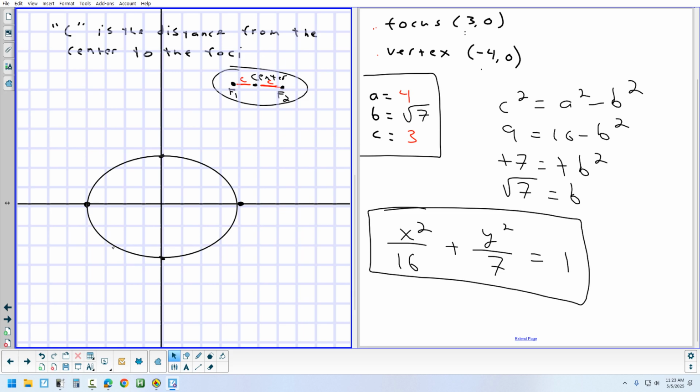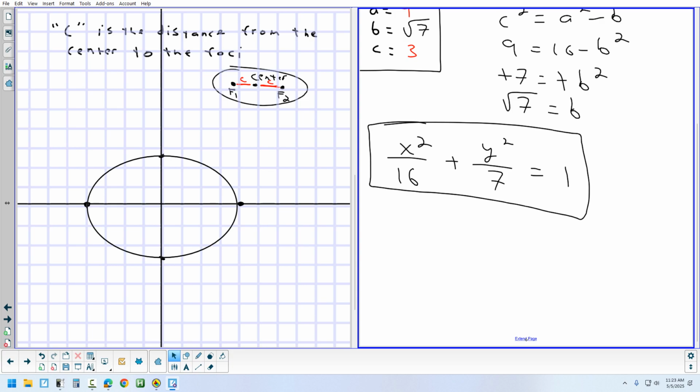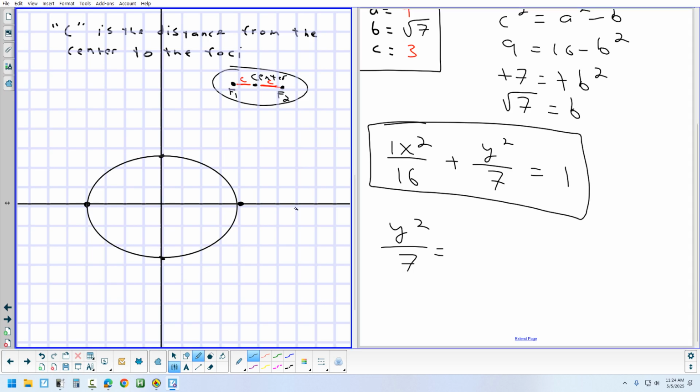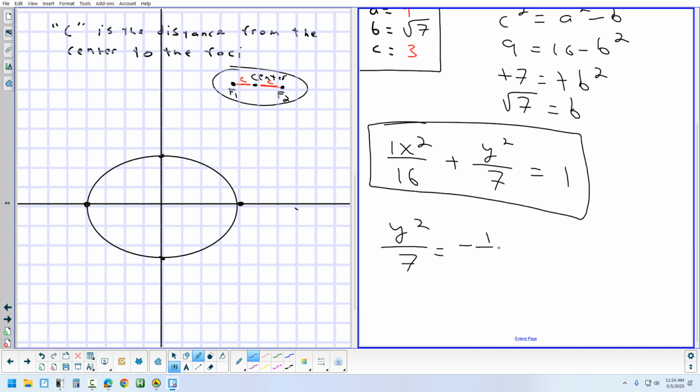All right. Now, if we wanted to sketch that on the calculator, what letter has to be by itself if we want to type that in? Y. So first thing I could do is subtract, and I'm going to think of this as 1/16 x squared. So subtract the 1/16 to the other side. What would be my next step to get y by itself?